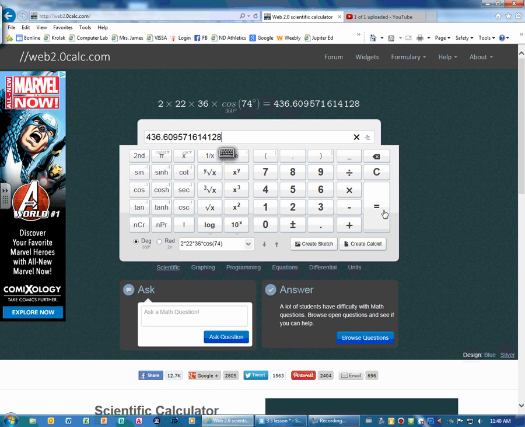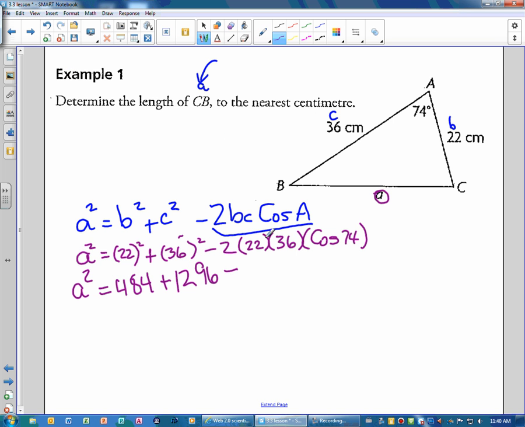Enter, equals. All right, 436. I'm going to save quite a few decimals here, so I'm going to call it 436.609. All right, so A squared equals 484 plus 1,296 minus 436.609.